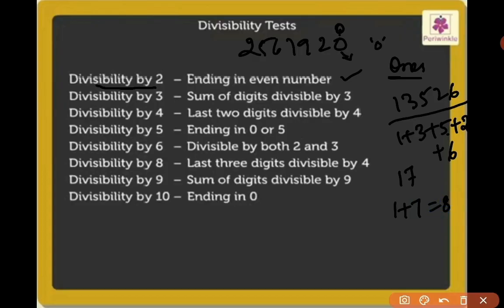So you have got this as 8. You call this the digital root. Since this is not divisible by 3, you say that this whole number is not divisible by 3.